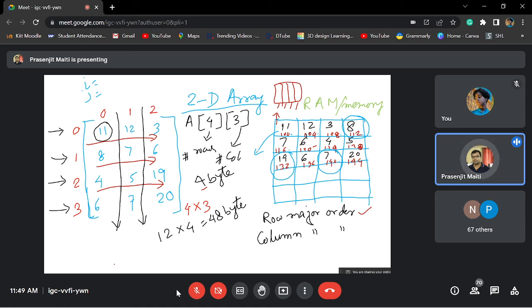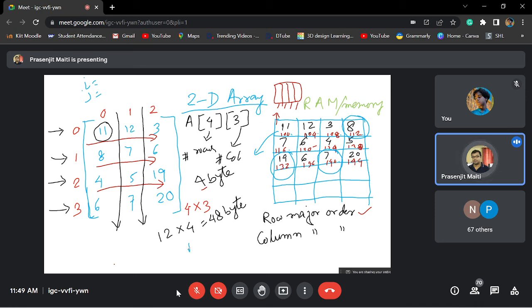If we know the base address, how many bytes are required to store one data, and number of rows and number of columns, so easily we can find out the address of any particular location.